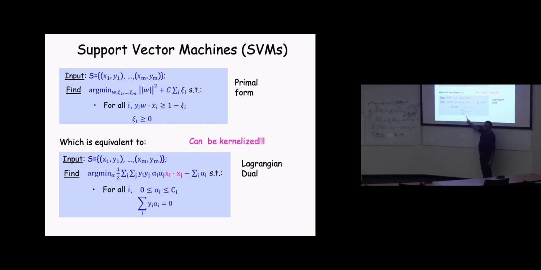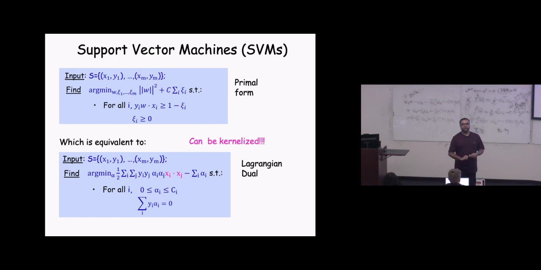This is just algebra we have to do, but the good thing now is you will have this dot product between two different points where you can take this out and put in a kernel function. It will do exactly the same. But now you can introduce nonlinearity by kernel functions.